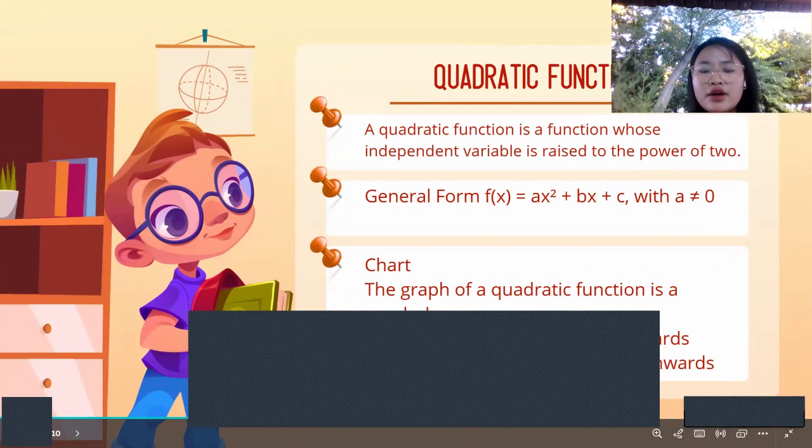The graph of a quadratic function is called the parabola. If a is positive, the parabola opens upward. If a is negative, the parabola opens downward.